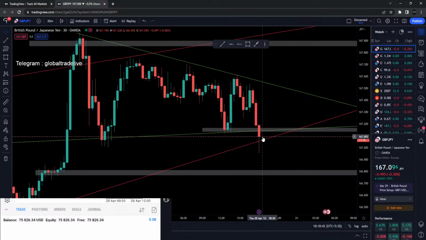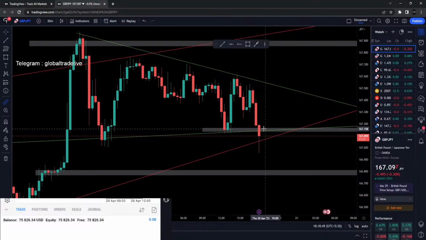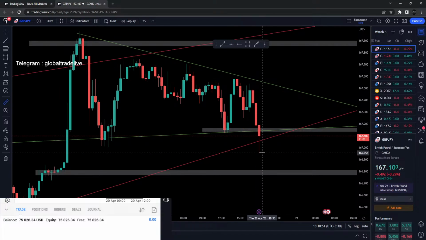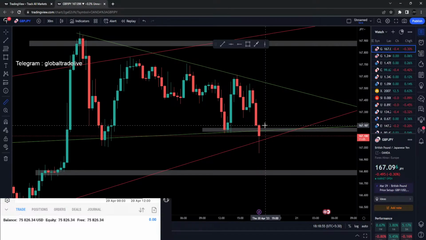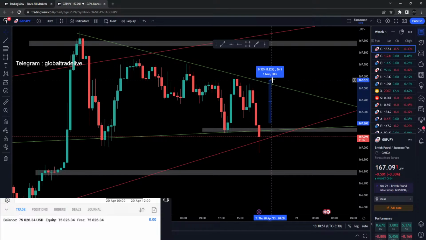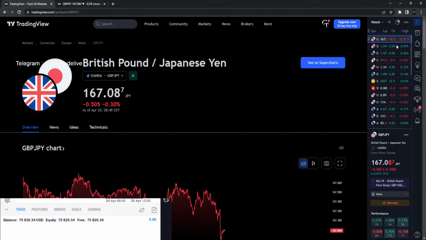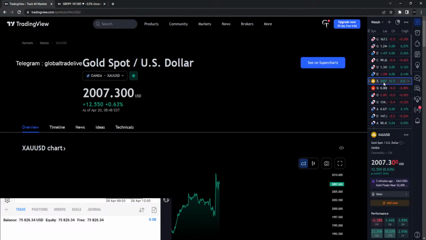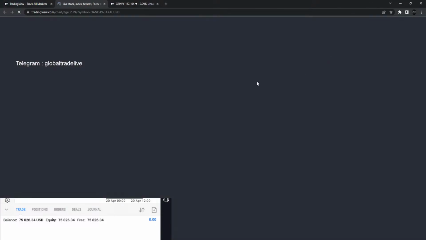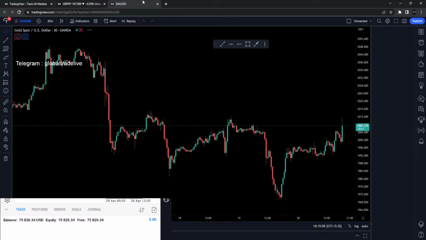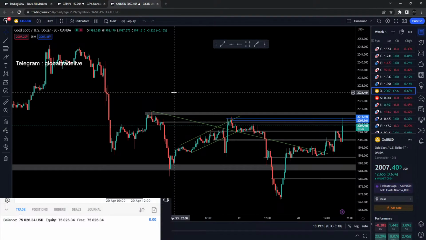Let's see if the next candle closes above and then goes to the upper level, because if this candle closes below this area of support, I'm not gonna take a sell once the next candle breaks the low. Rather, I'm gonna wait for the next candle to close above again, so that I can take a buy trade and call this a fake out. So that's the idea. I always keep 2-3 probabilities with me, so that I can really execute the ideas.